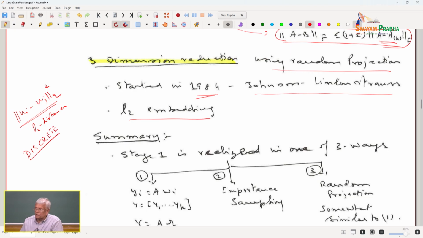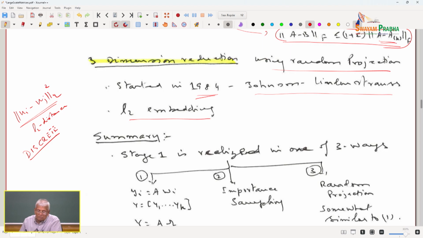Why is this called discrete geometry? Because I have a collection of n points in M space. The space is large, the number of points is small. I want to be able to understand the geometric arrangement of objects. So, there is an area of mathematics called discrete geometry.